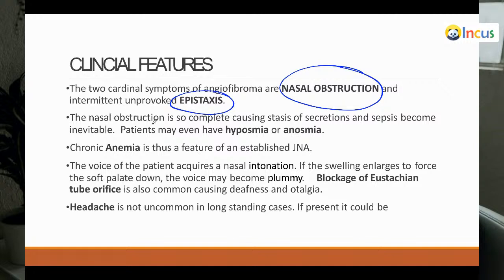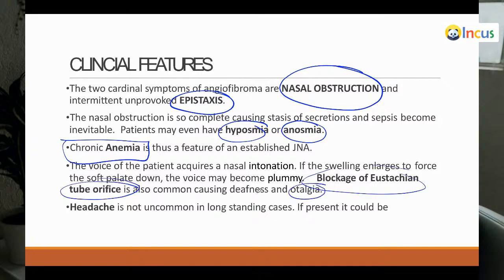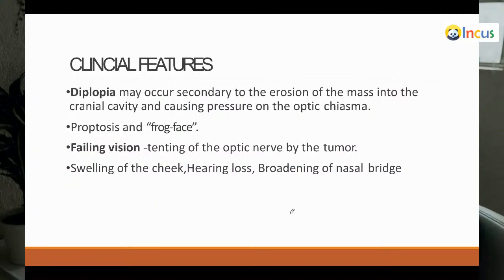The nasal obstruction typically will lead to hyposmia, anosmia, and that bleeding will lead to chronic anemia. There's a blockage of the eustachian tube orifice leading to otalgia and deafness as the clinical presentation. And headache is not uncommon in long-standing cases.